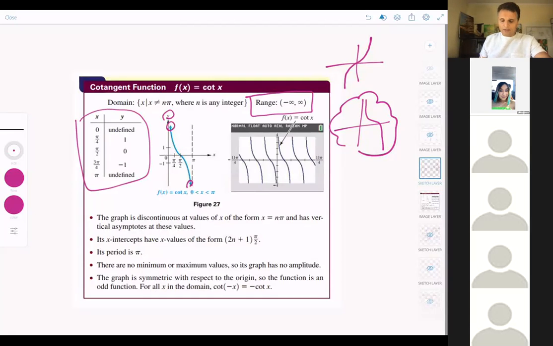We need to find the x-intercepts. Those points are the x-intercepts. So this is pi half, this is 3 pi half. Those are the values of the x-intercepts, so it would be 2n plus 1 multiplied by pi half.